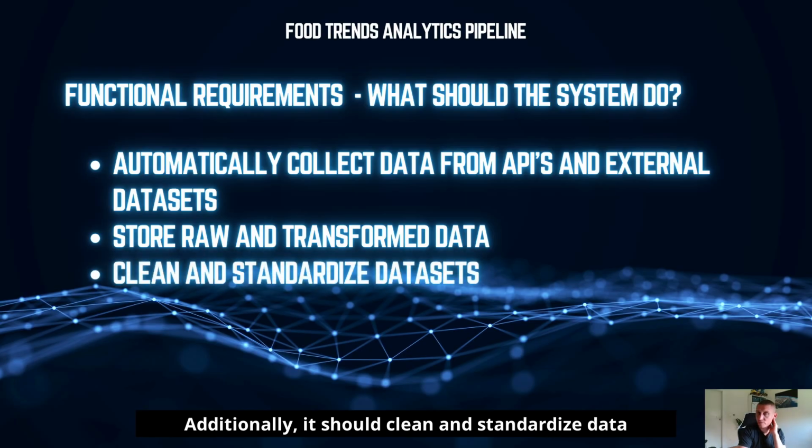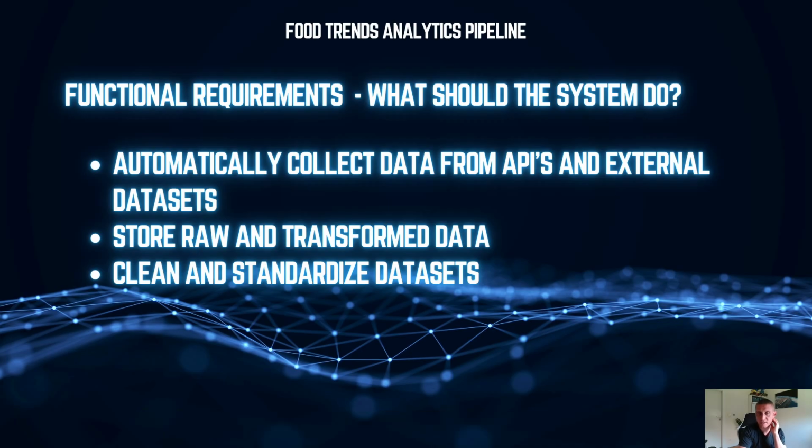Additionally, it should clean and standardize data sets, because as you will see in a moment, these data sets are dirty and have different formats, so they need to be cleaned and standardized.